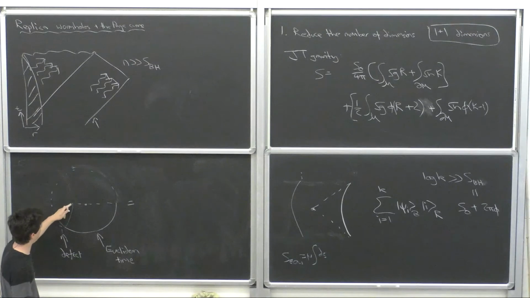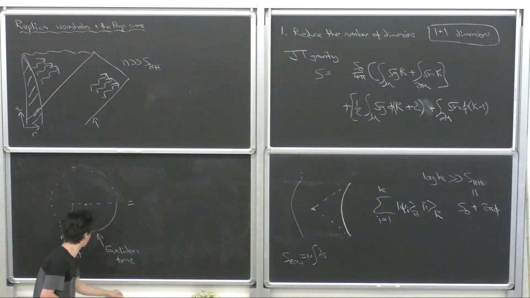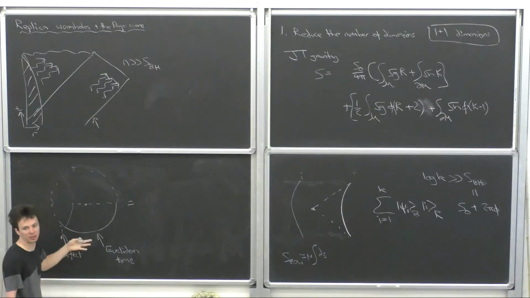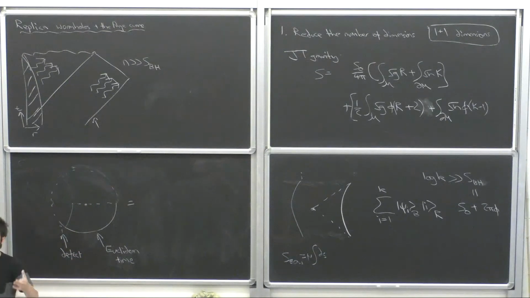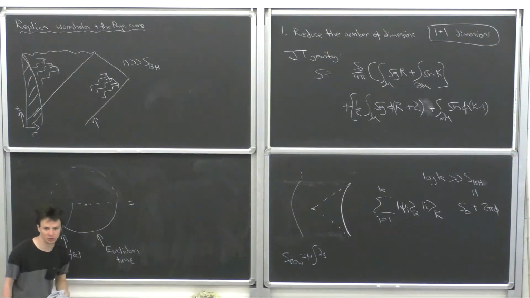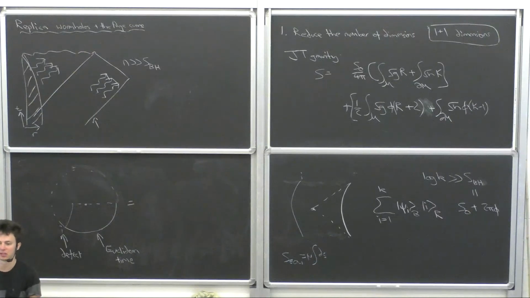If I make the tension, the mass at the end-of-the-world brane, really high, then it will go out to the boundary because it will want to be shorter. It has some large action, and it will just be a little thing like this, and then it will basically be beta over 2. But in general, this evolution will be shorter than beta over 2, if beta is the temperature of the black hole.